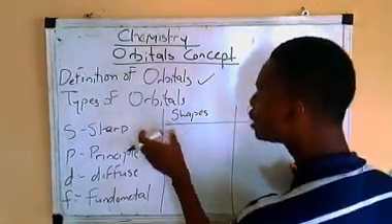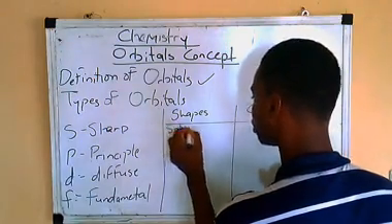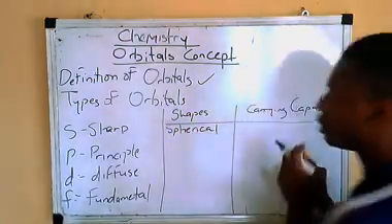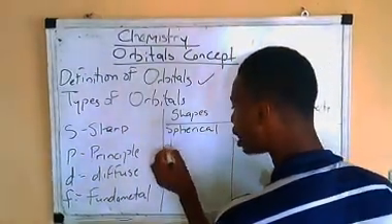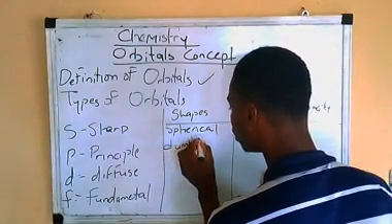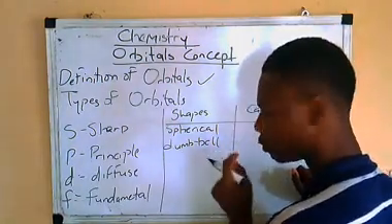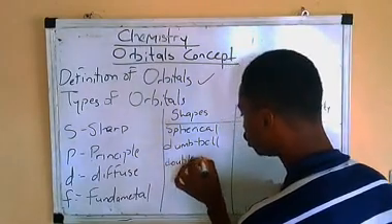The shape of the s orbital is spherical. P orbitals are dumbbell.